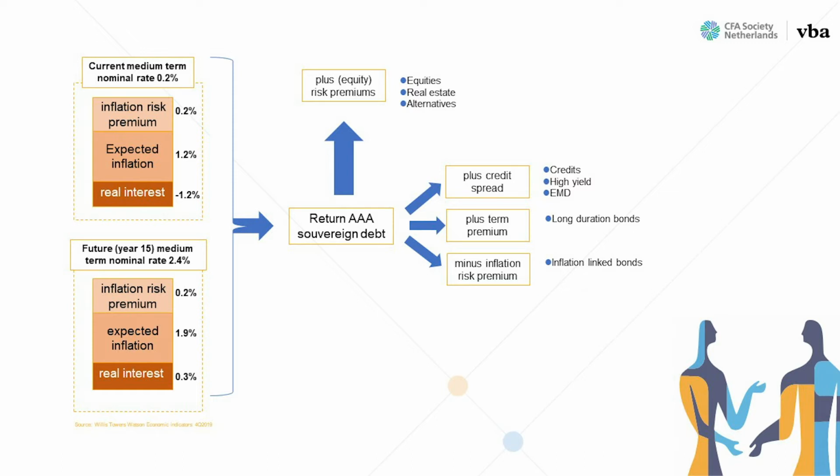For more illiquid asset classes, like private loans or mortgages, an illiquidity premium is added. Contrary to this, returns on inflation-linked bonds can be calculated by adding their real return plus expected inflation and inflation risk premium.